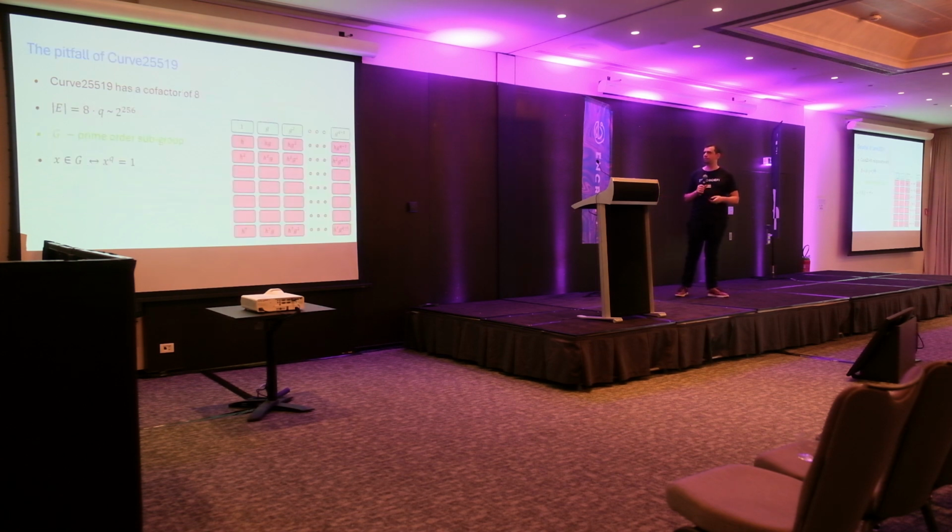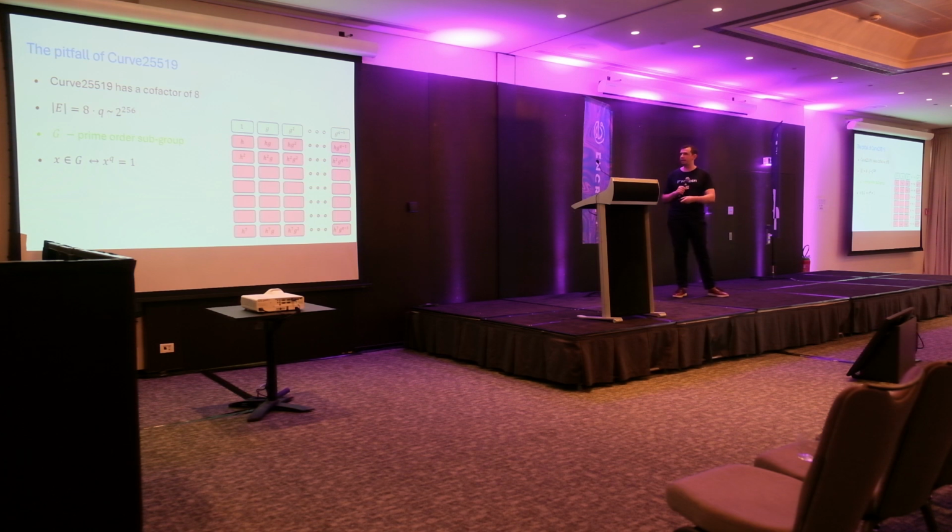But then there is one pitfall that we should be aware of, and it regards the fact that this curve has a cofactor of 8, which means that the group generated by this curve is not a prime group, but rather it is comprised of a large prime subgroup and a small subgroup of size 8.